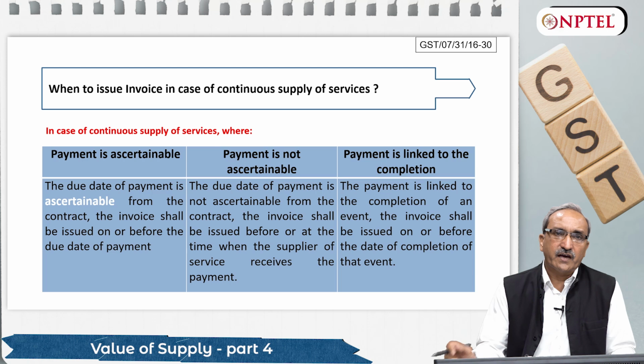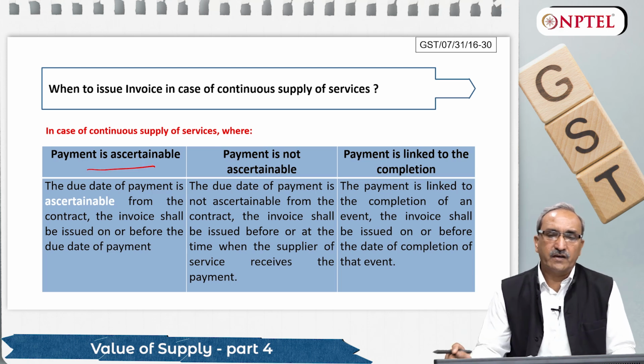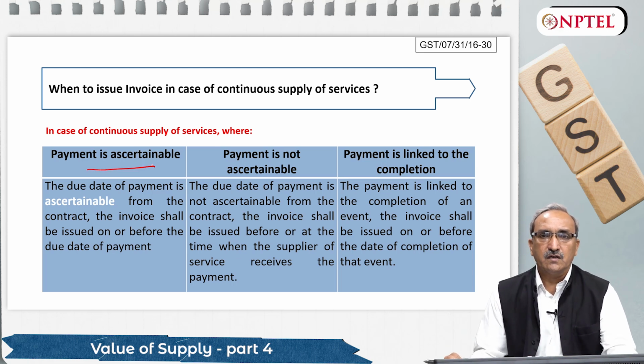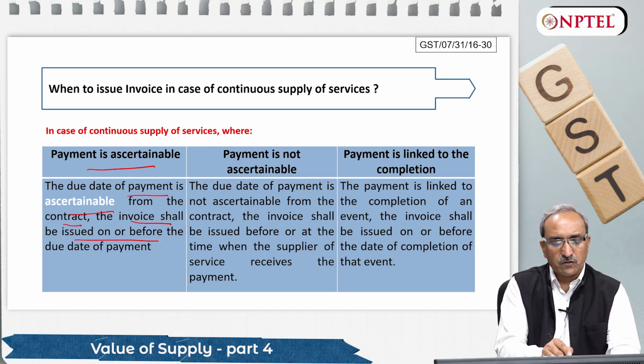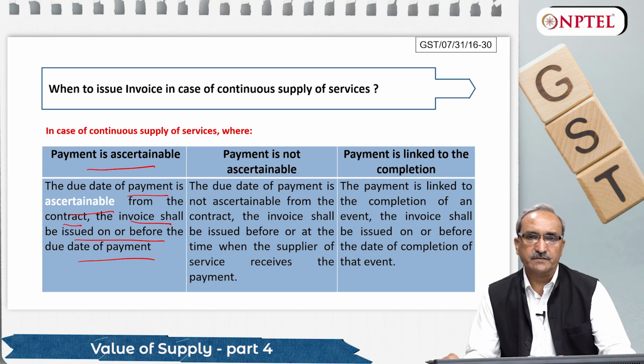It says where payment is ascertainable, where we can determine how much is due for that particular supply, meaning the due date of payment is ascertainable from the contract, the invoice shall be issued on or before the due date of that payment.